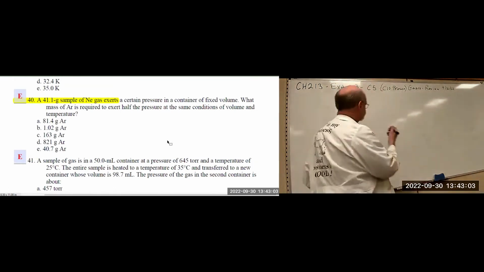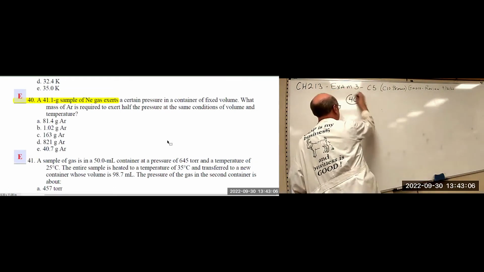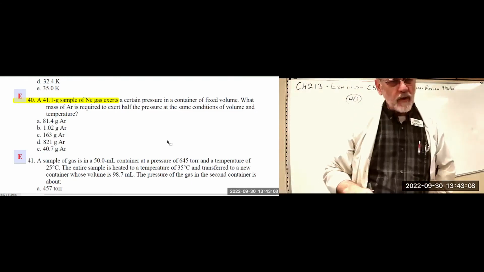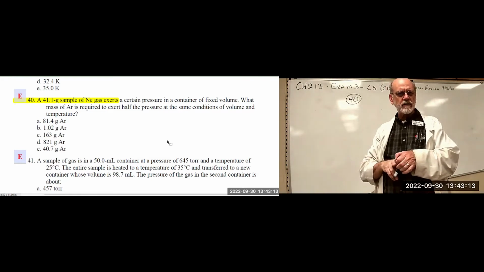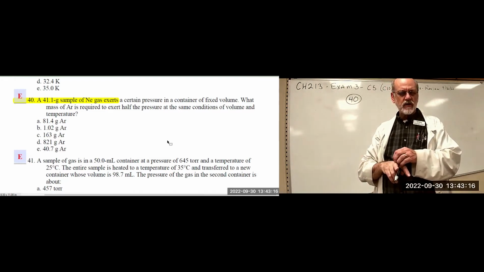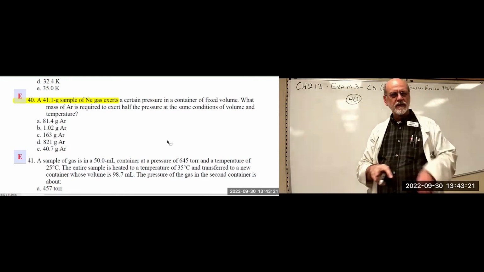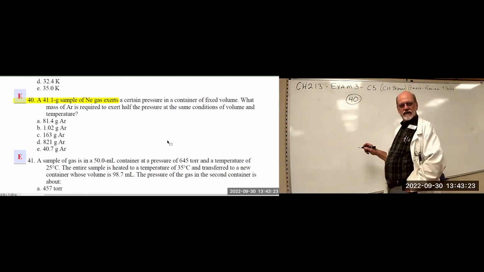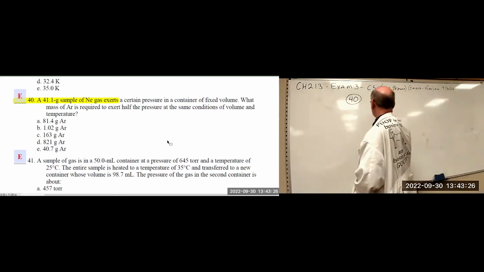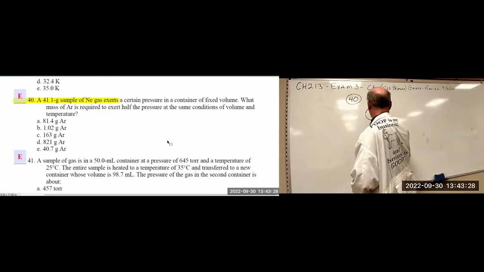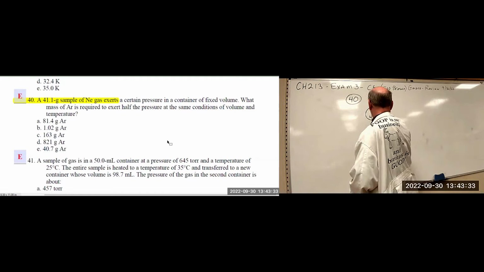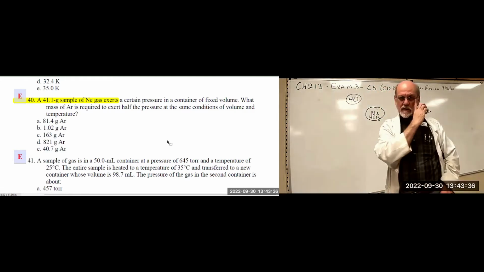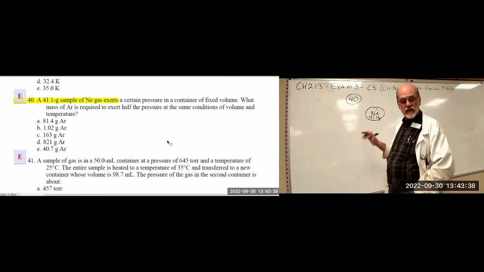Number 40. A 41.1 gram sample of neon gas exerts a certain pressure in a container of fixed volume. What mass of argon is required to exert half the pressure under the same conditions of volume and temperature? Okay, so if we've got a sample of neon, that's 41.1 grams, with fixed volume and pressure.